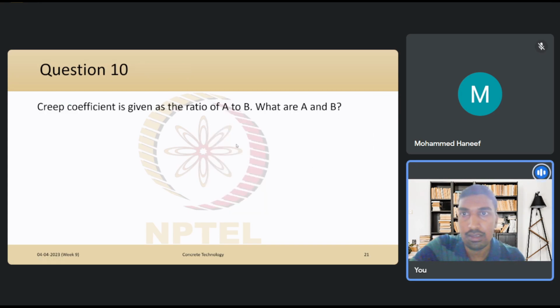Question 10 is about the creep coefficient. It is defined as a ratio of two quantities A and B. The ratio of A to B is given as the creep coefficient. So what are A and B? You can use the chat to answer this one. What is the creep coefficient? What are the two quantities used in defining it?